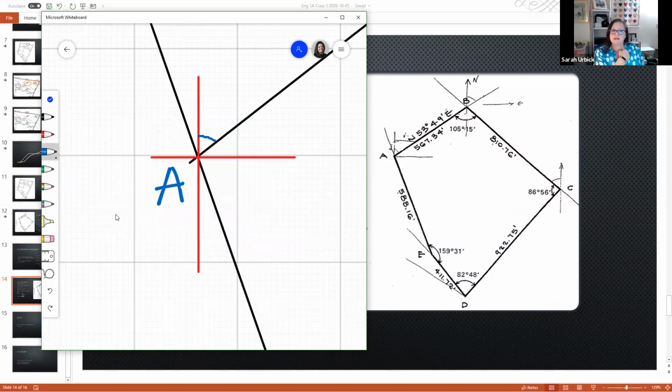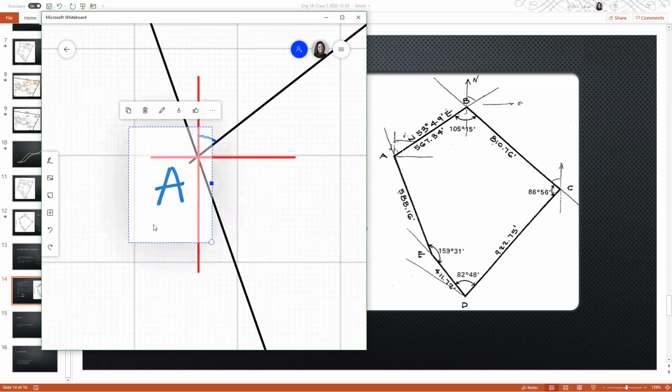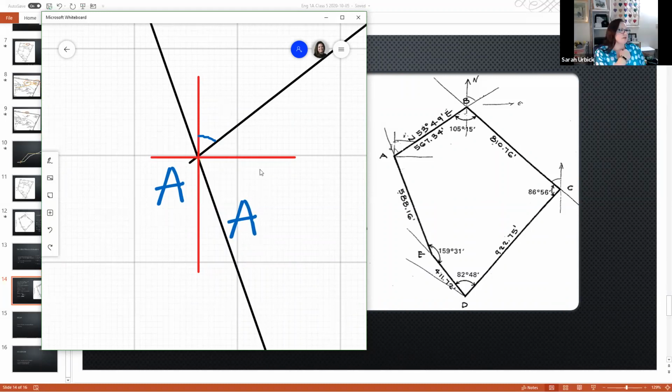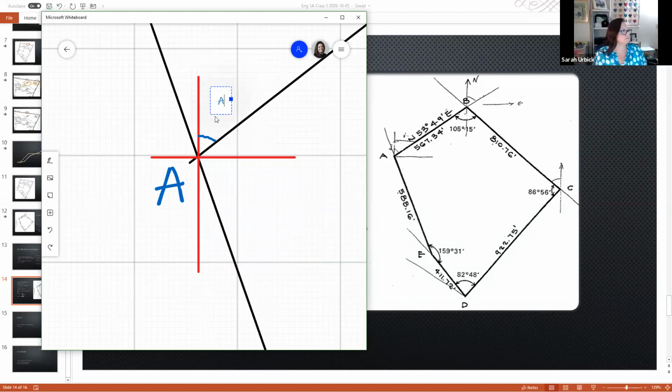What's that angle? 53.49. Okay. Would someone do me a huge favor and convert that to a decimal? Trying to get this shrunk down here so we can have room to work.